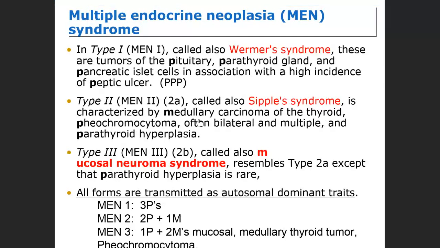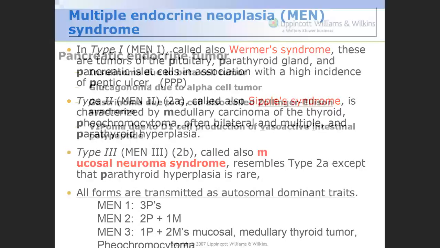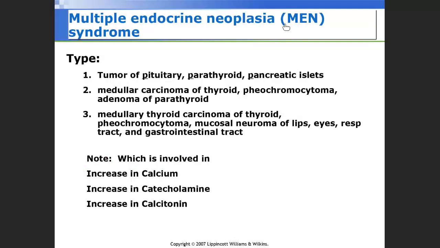It's related to the three Ps: tumors in the pituitary gland, tumors in the parathyroid gland, and tumors in the pancreatic islet cells. So remember, with the MEN, typically within the group, this is the type that often shows either increased calcium, increased catecholamine, or increased calcitonin, the 3 C's.